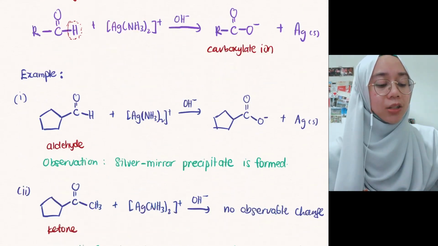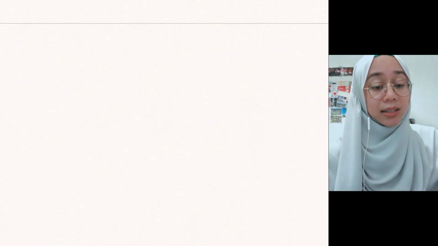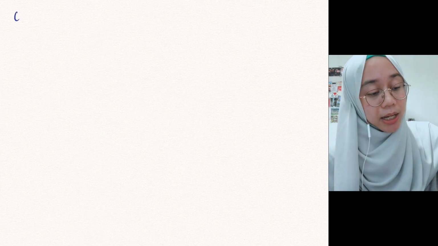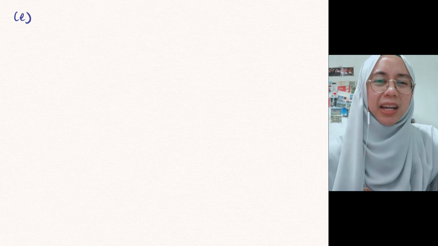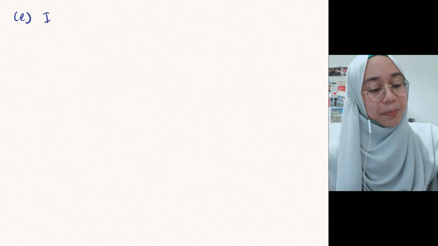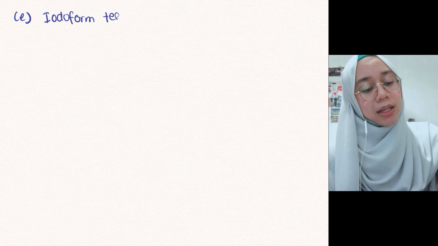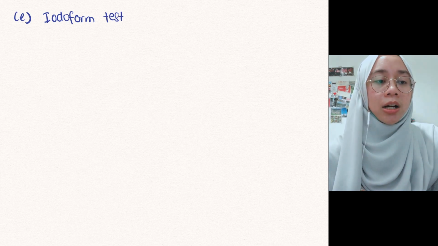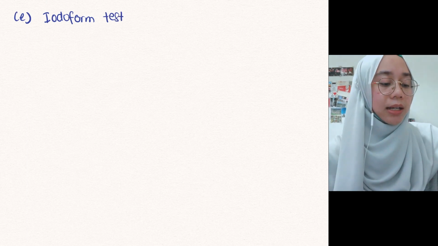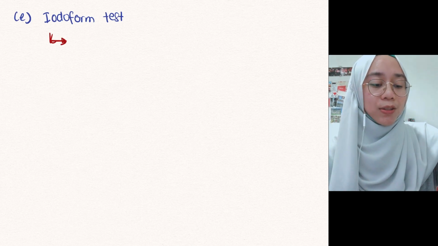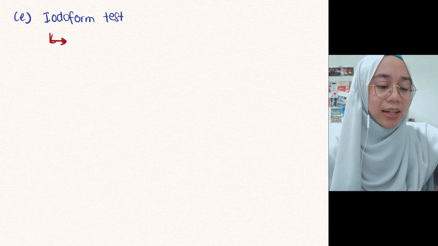Okay, right, so let's go to the last test class. The last test yang kita nak belajar, so reaction terakhir ni kan, apa ni Iodoform test. Okay, so sekali lagi kita jumpa Iodoform test. So in previous topic, it is to identify apa kelas? It is to identify methyl carbonyl group kan? Okay, so dekat sini just tukar something je.